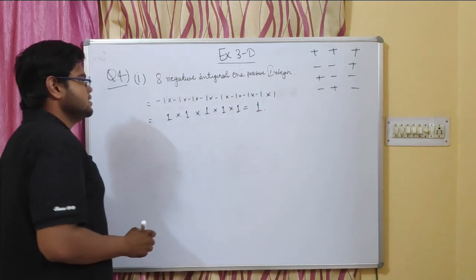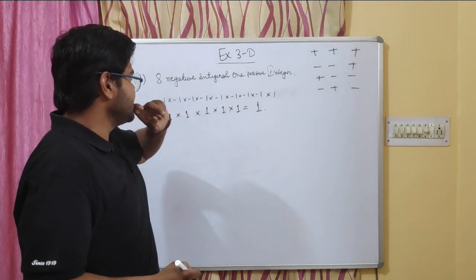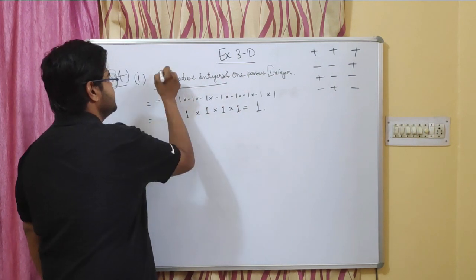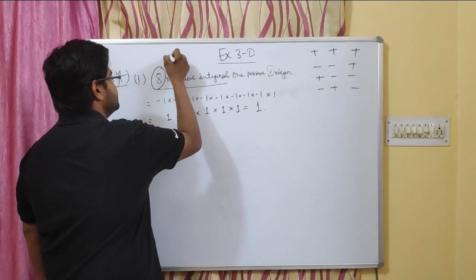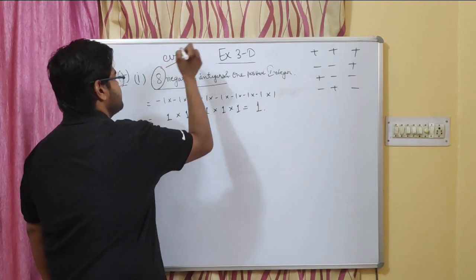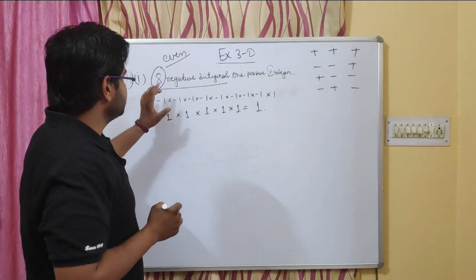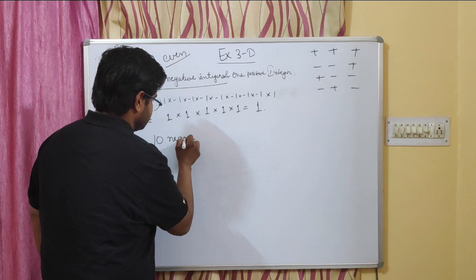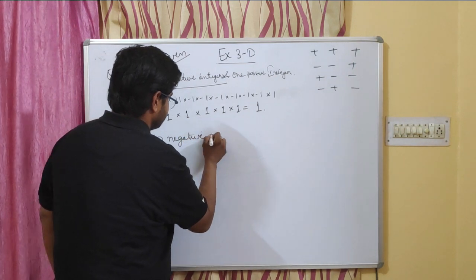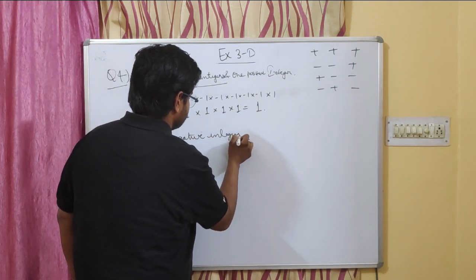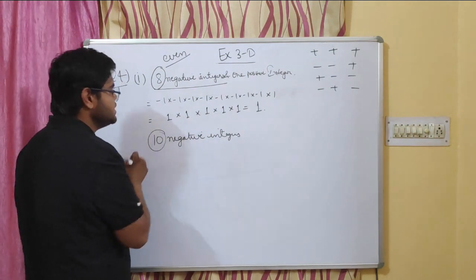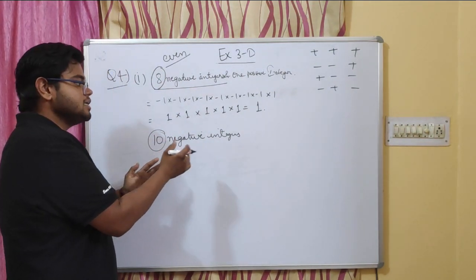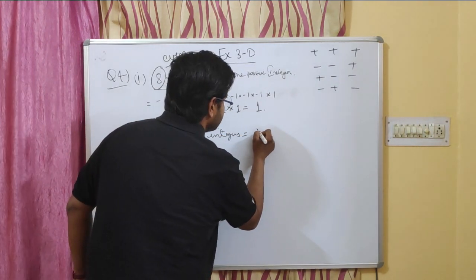So children, from this question we understand, if the negative integers are even, if we have 10 negative integers, but they are in even number, their multiplication end result will always be positive.